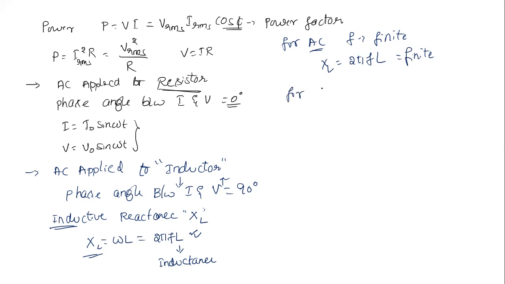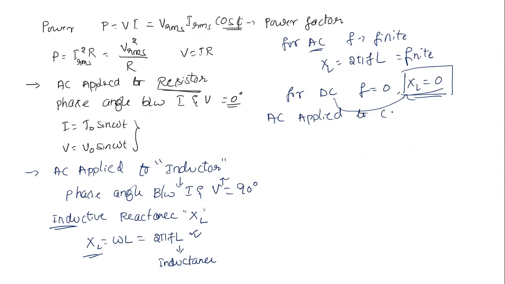Now for DC, f is 0, so XL becomes 0. Means the inductor will not oppose DC, direct current. You need to remember this point. Its inductive reactance becomes 0 for DC current.